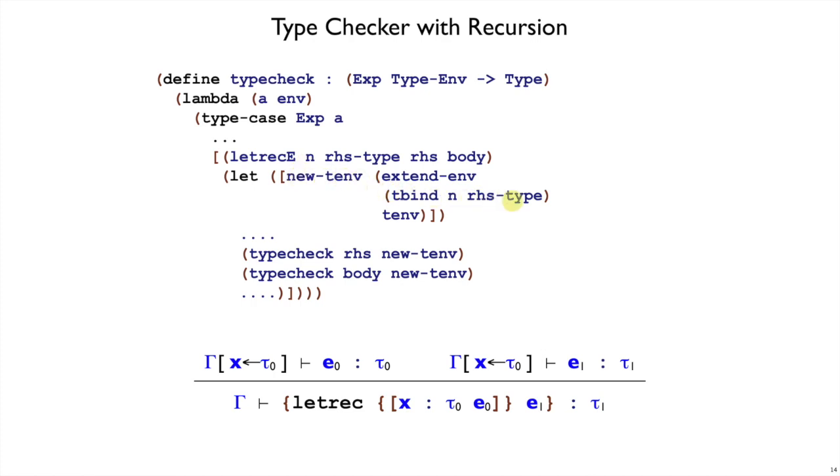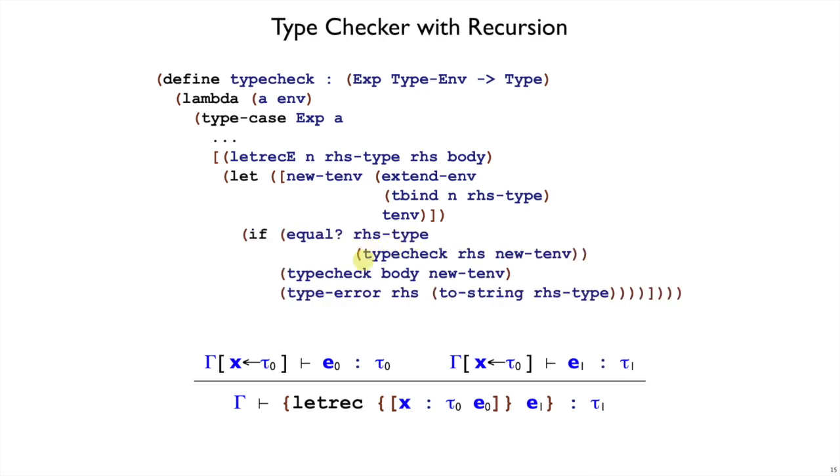It was the declared right-hand side type there. So we just bind n to that right-hand side type in our extended type environment, type check the right-hand side and body, and then we just need to make sure that the type of that right-hand side is in fact the type that we declared it to be. If it is, then we're happy and we return the type of the body, otherwise we complain about the right-hand side.